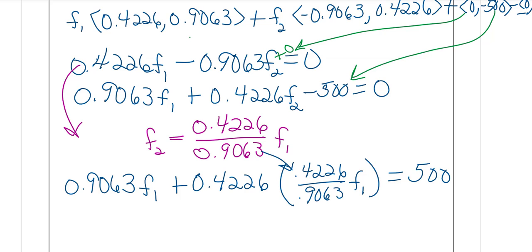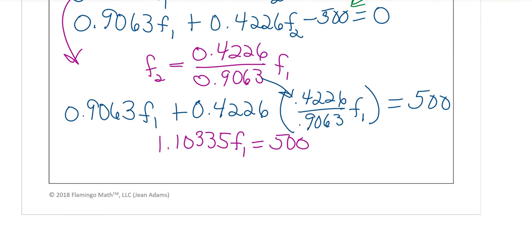And solving that, simplifying it, I get this. I'm going to have 1.10335 F1 is going to equal 500. So I get that F1 equals 453.165 foot-pounds.